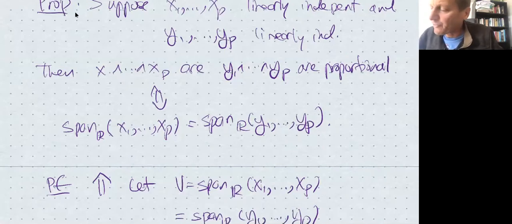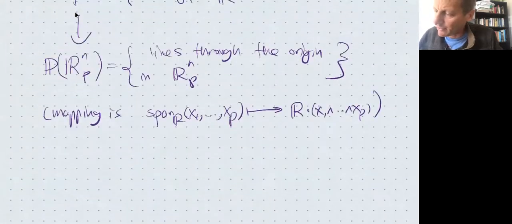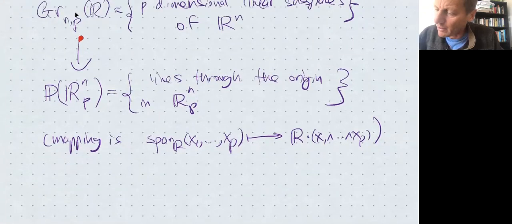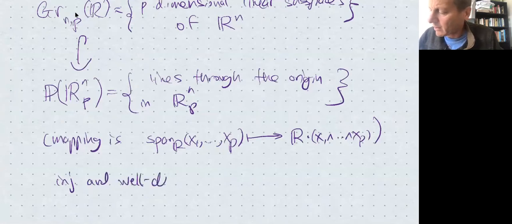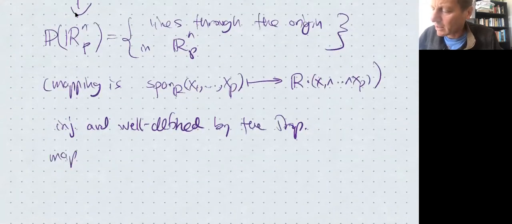And so this map that I wrote down is well defined. The converse, saying that if they're proportional then the vector spaces are actually the same, just means that this map is injective. So it's injective and well defined by the proposition. And this map is called the Plücker embedding.